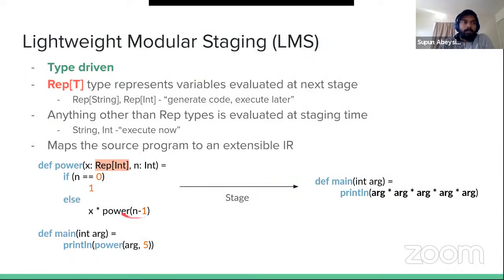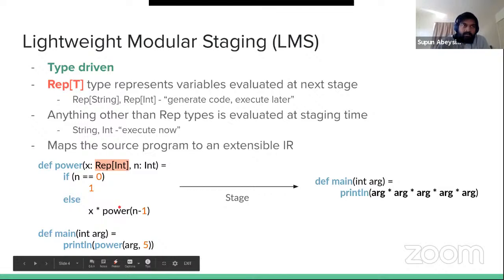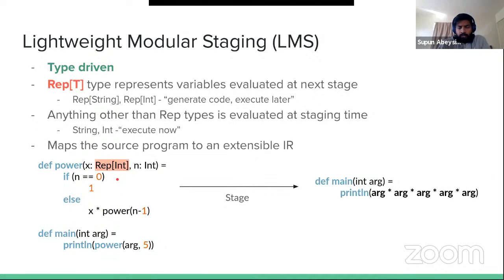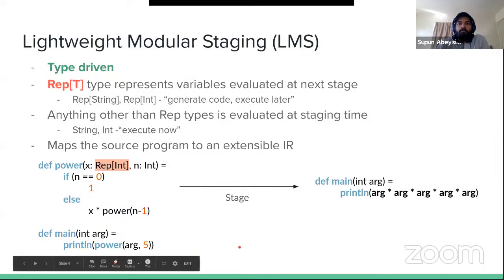So what happens underneath is these Rep types, or Rep objects, basically behave as a wrapper, and whatever operations we do on these Rep types will be recorded and then get mapped into an intermediate representation, and then this intermediate representation will be used to generate this code.